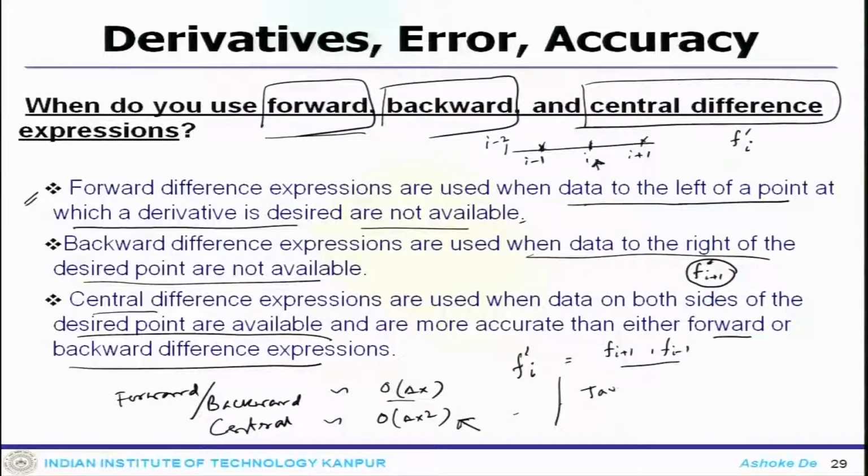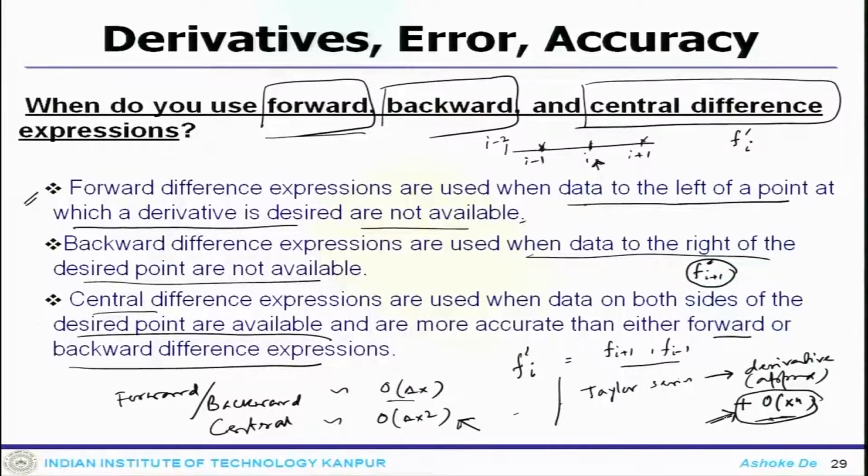Essentially, from my Taylor series expression I get the derivative or approximation of the derivative. Once I do the approximation of the derivative, it has some order. It could be first order, second order, or higher order. This order of accuracy, or the higher order terms which are actually truncated, is sometimes called the truncation error.